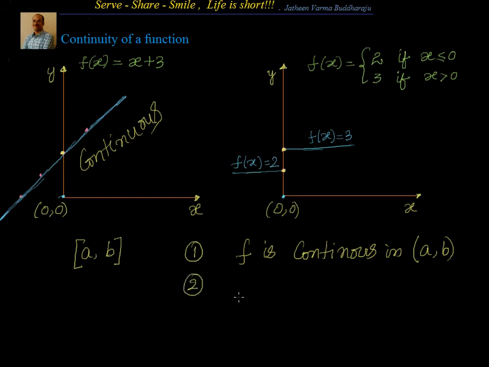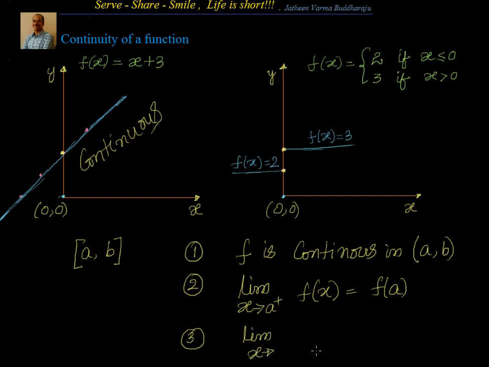Second thing, limit x tends to a plus, that means from the right hand side, f of x is equal to f of a. Not only that, limit x tends to b minus, that means we are coming from the left hand side for the function at b, that should be equal to f of b.